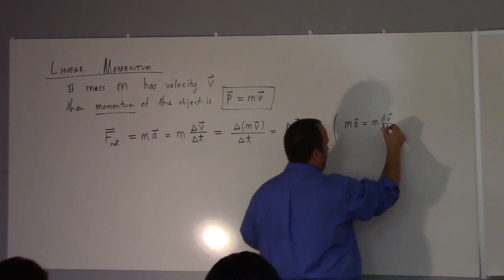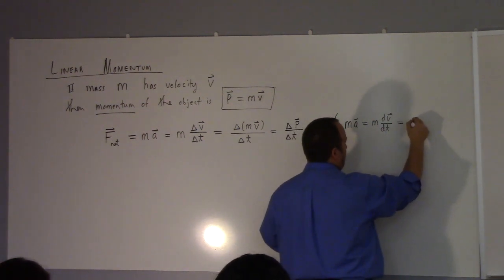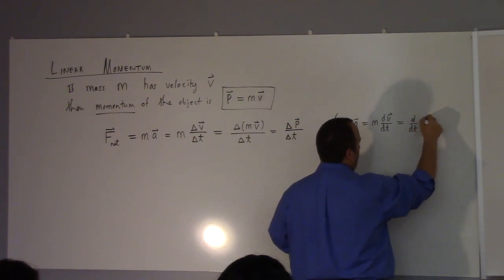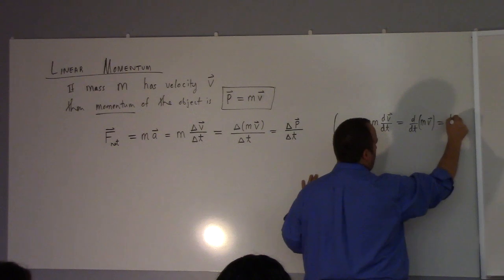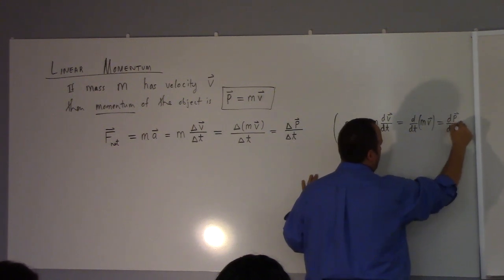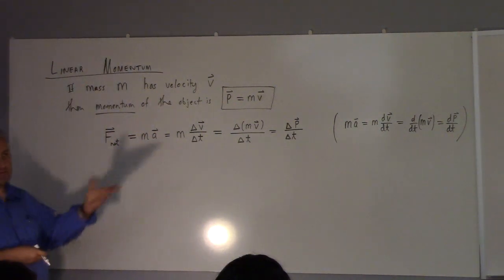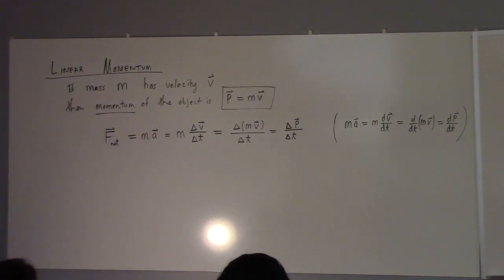The deltas become d's, the mass becomes constant, so we can pull it inside, right? So if you want to think about what I just wrote instantaneously, that's what it looks like with calculus. Some of you have had calculus, so it's worth me writing that. If you haven't, don't worry about it. It's not a big deal.